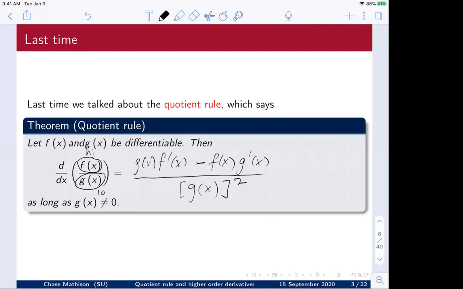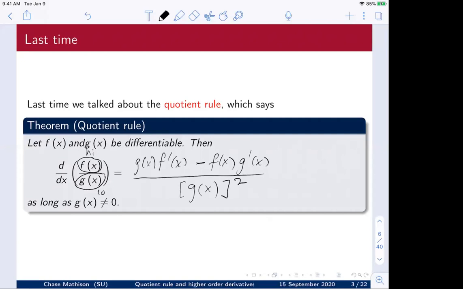It rhymes, it's so cute. And this holds as long as g of x is not equal to 0. I can't divide by 0, so the original function f of x over g of x isn't defined when g of x is 0, so it doesn't make sense to talk about its derivative there.